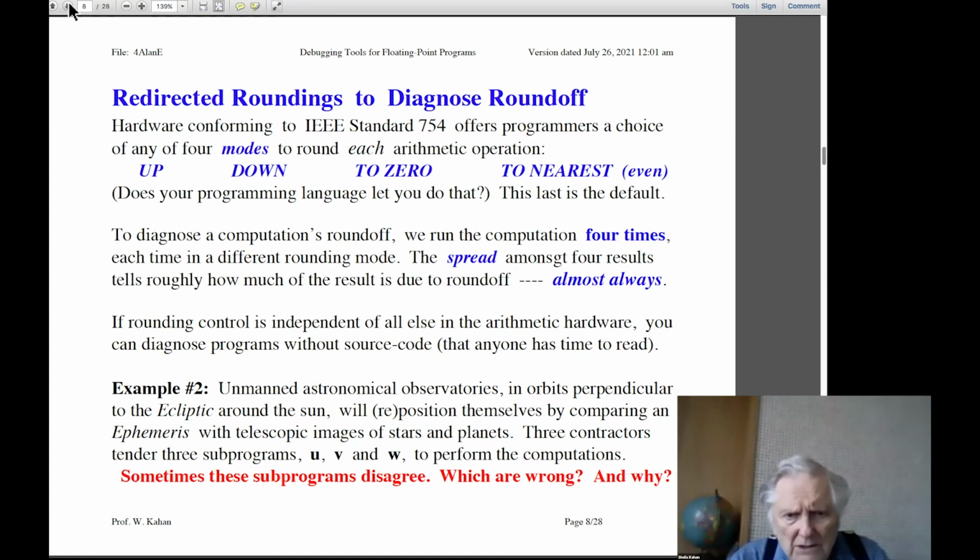I tell you what, let's look at an example. Now, this example is an imaginary astronomical observatory, which is in orbit around the sun, but its orbit is perpendicular to the ecliptic. So it gets far away from the orbits of the planets and then comes back close to the orbits.